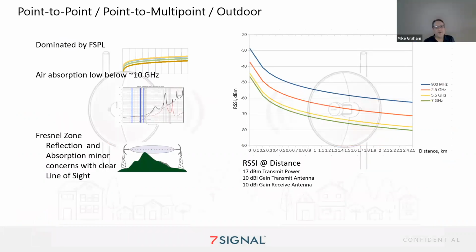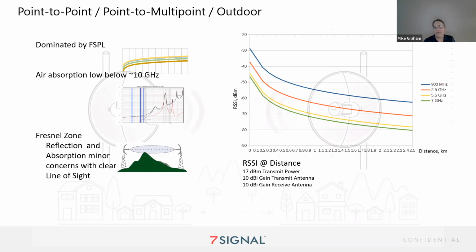All right. So a couple last slides, just sort of a sum up on some point to point. And really it's dominated by free space path loss. That's by far the huge factor. We know there's not much air absorption. And then, we don't talk about point to point much, but there is a thing called a Fresnel zone, and it has to do with what the radio waves are going to interact with in their path, and how far out of the path something needs to be for it to not interact.